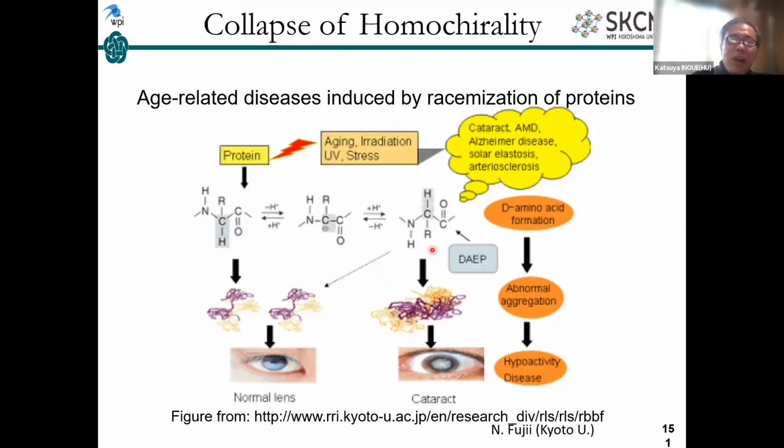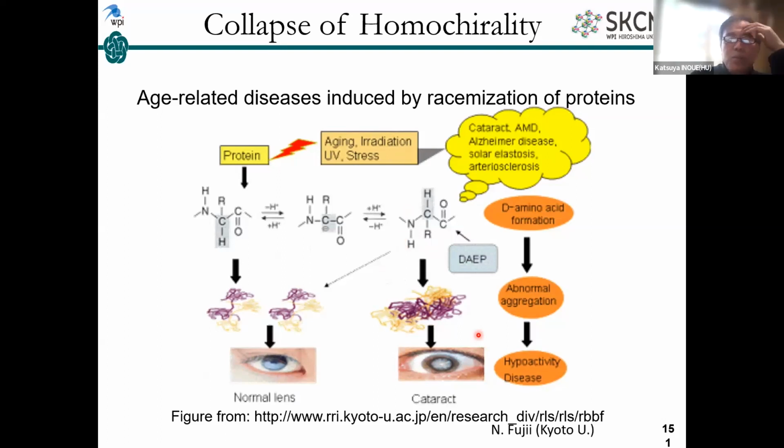The homochirality collapses over time, and the crystalline protein makes aggregates, and real crystals form in the eyes. Then we have cataract disease.